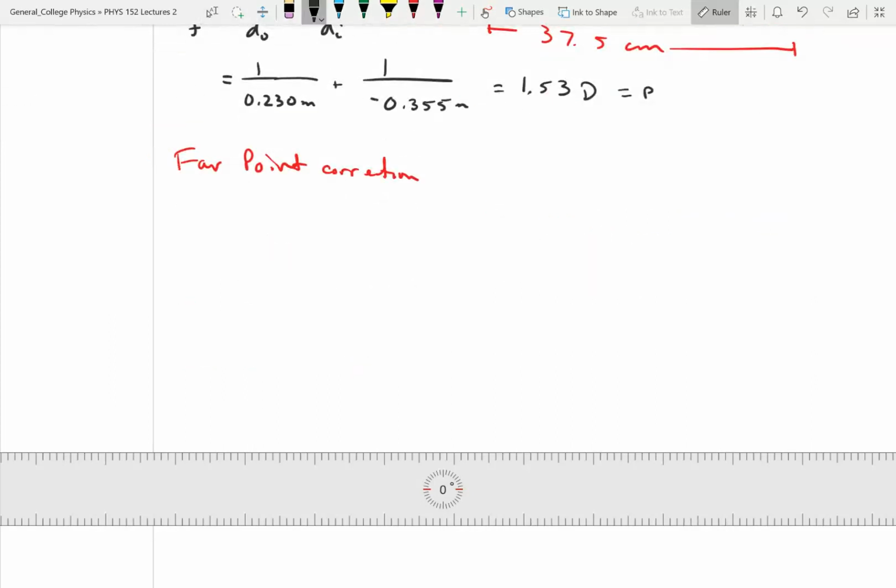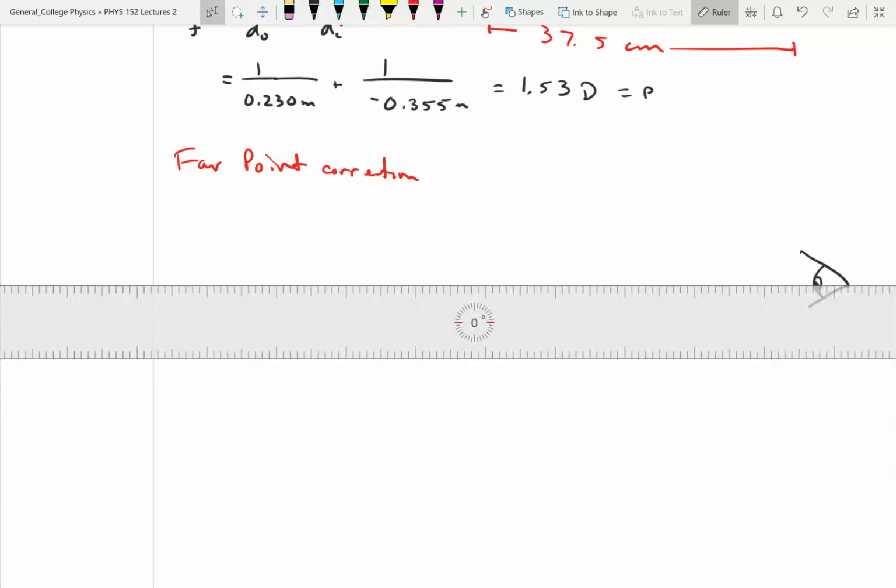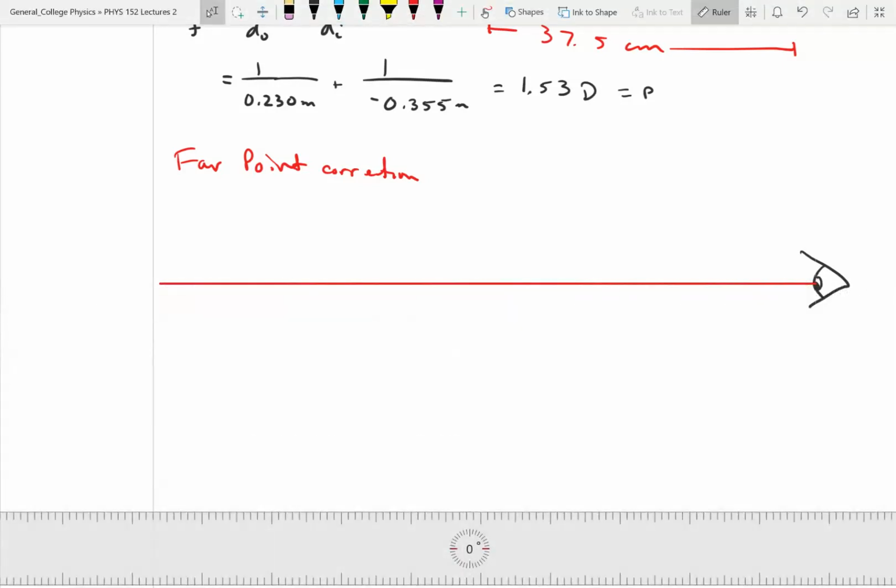So for the far point correction, we once again have the eyeball here, and I'll put a principal axis on here. We're going to have an object at the ideal or normal far point, which means that my distance object is equal to infinity.